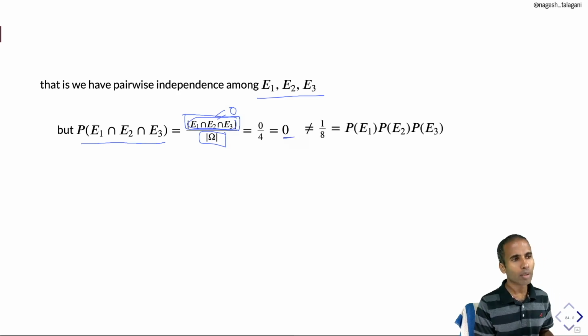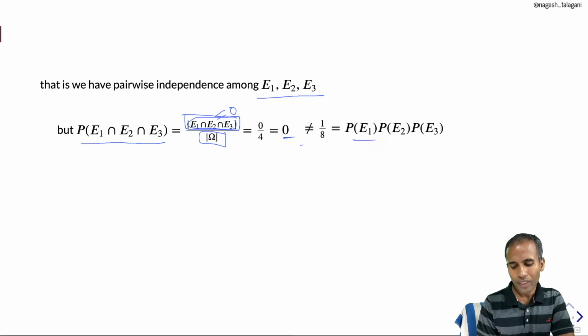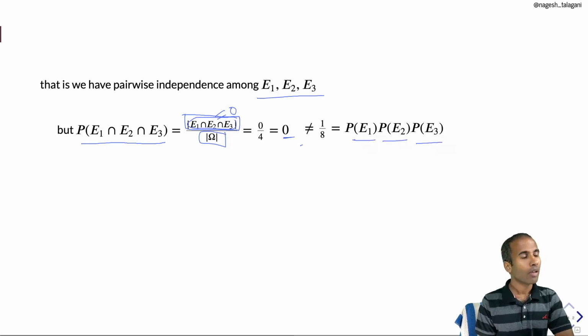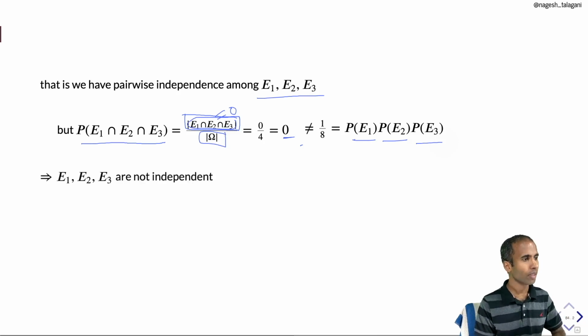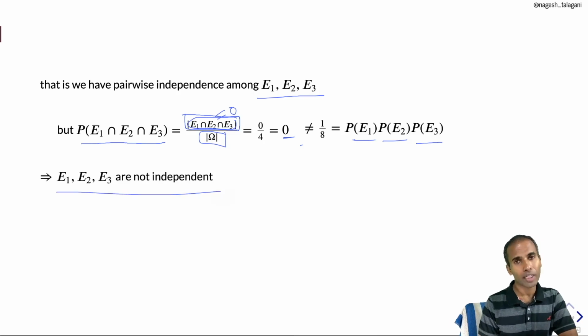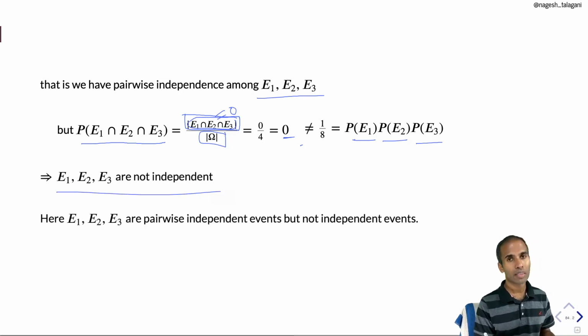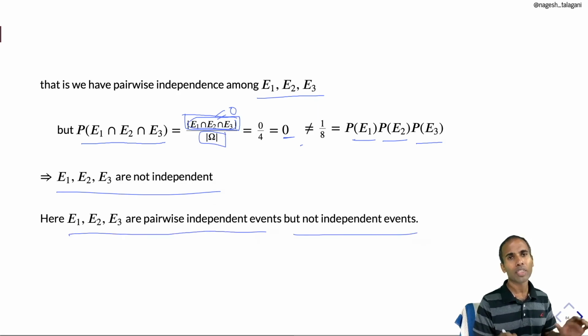Obviously, this is not equal to 1 by 8, which is probability of E1 times probability of E2 times probability of E3. So we don't have independence, but we still have pairwise independence. Here E1, E2, E3 are pairwise independent, but they are not independent. So in general, pairwise independence doesn't mean mutual independence.